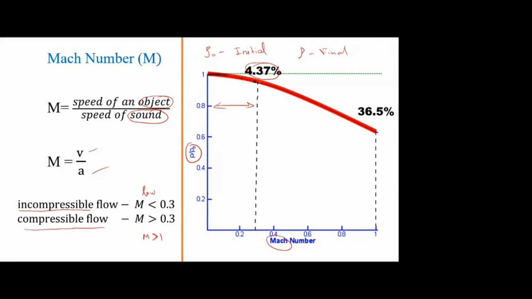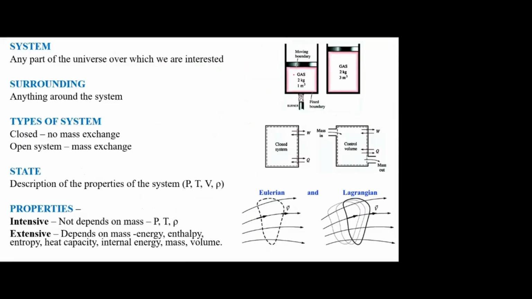After that it increases drastically, and they found this Mach number is 0.3. So for simplification, they neglected this 5% change and assumed the flow is incompressible, just to simplify the procedure. After that, they consider it compressible flow. That's why in aerodynamics 1, even though air is compressible, we consider everything incompressible, because the speed falls below 0.3.